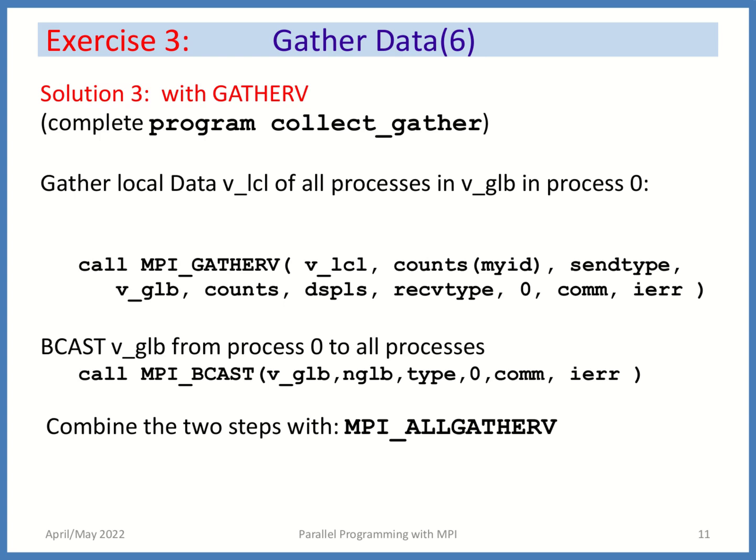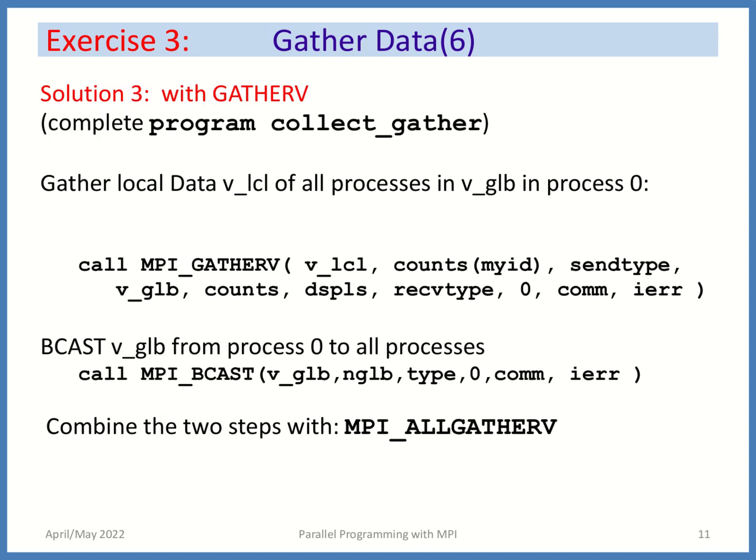So you can collect all this data with a gather vector. You have the counts and the displacements arrays already defined. So you can just call the gather vector where every process sends its local part with the number of elements contained in this local part, which is count of my ID.